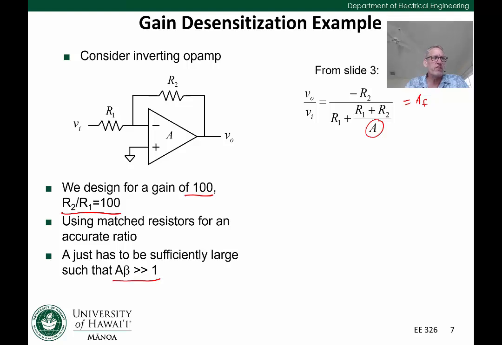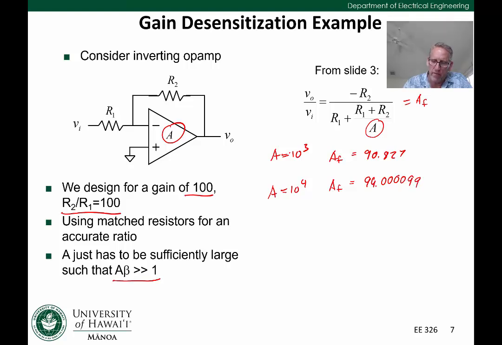Let's suppose that our amplifier, A here, has a gain of 10 to the 3. If you plug the values of R2 and R1 in, you end up with AF, the closed loop gain, equal to 90.827. Let's do a few more values. If A equals 10 to the 4th, then AF is equal to 99.000099.